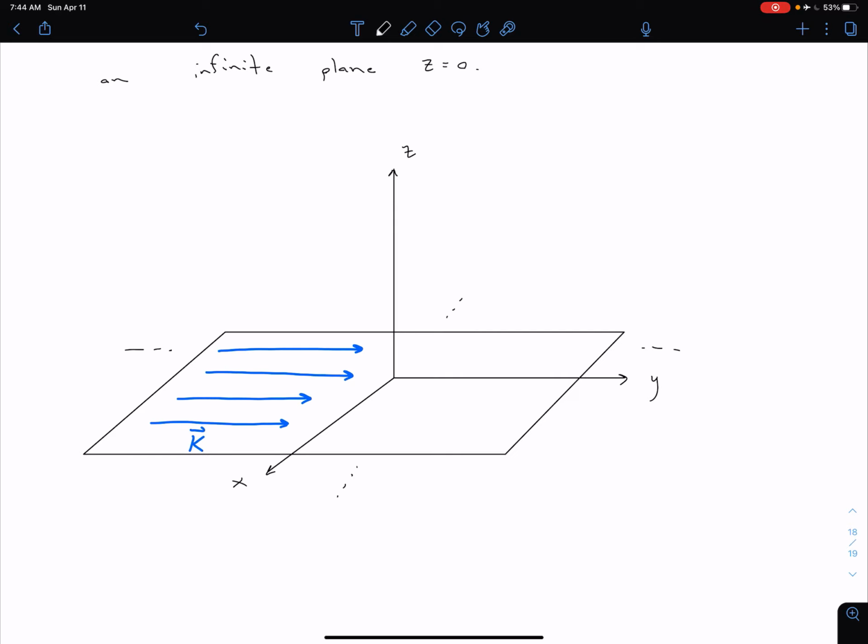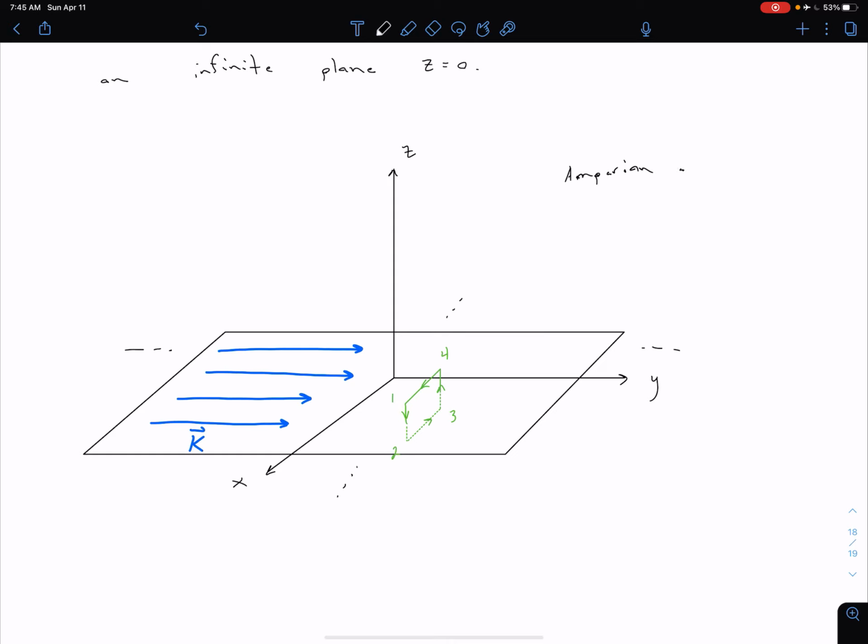Okay, so at any rate, what we're going to do, just like with our infinite filament, is define some Amperian path. We'll talk about why in a little bit, but I'm going to define my Amperian path something like this. And so we know that this Amperian path is going to be perpendicular to the current flow.